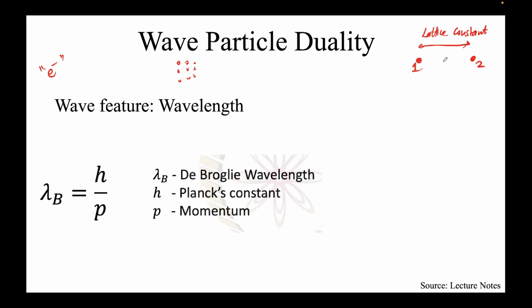This is usually in the range of angstrom, as someone suggested. Atoms are still much smaller, and the nucleus even smaller. The nucleus is, I think, in femtometers, right? And this distance between two atoms, the lattice constant, is in angstroms.